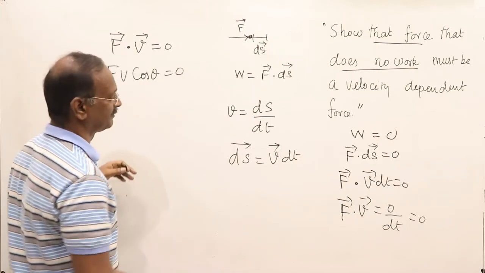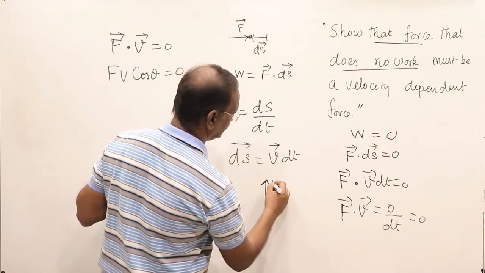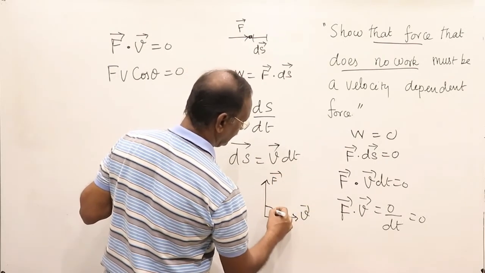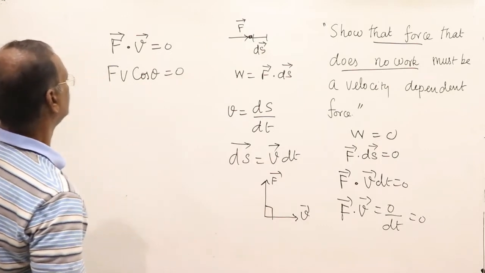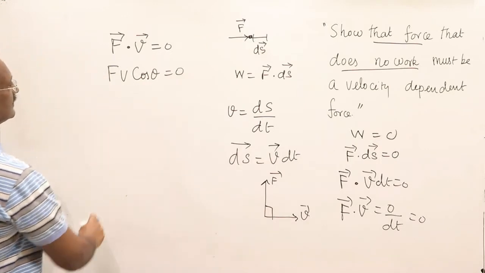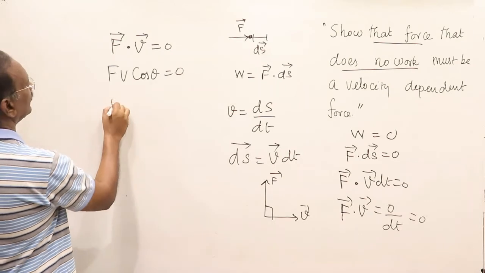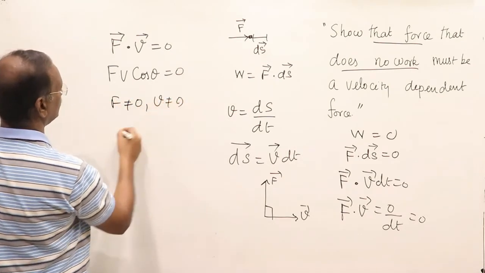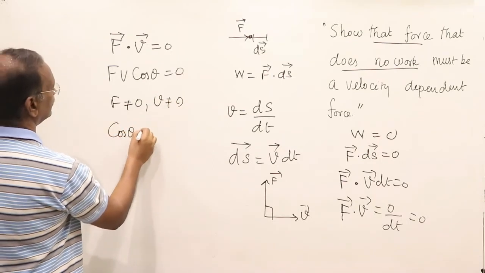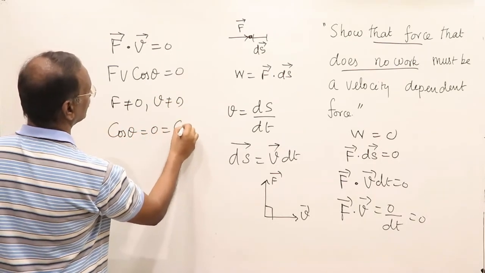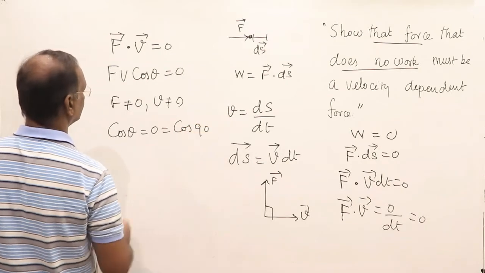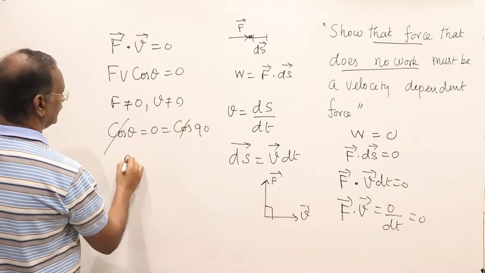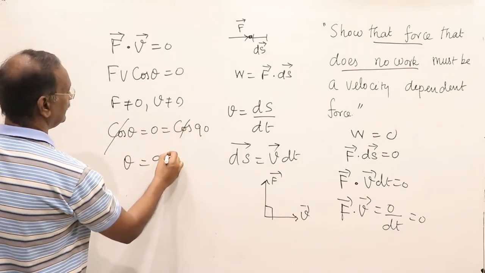If F is in this direction, v will be in this direction, and the angle between them is 90 degrees. F cannot be 0 and velocity cannot be 0, so cos theta is equal to 0, which is cos of 90, so theta is equal to 90 degrees.